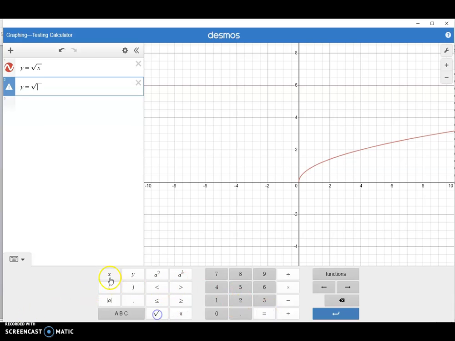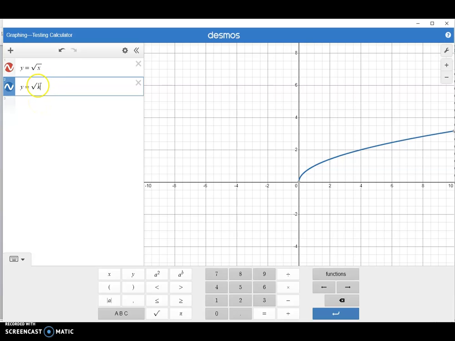Now, please remember that the radical sign serves somewhat like a parenthesis, in that it is enclosing whatever is inside of that radical sign. So in the table that you have seen, whenever the function has parentheses, like f of x has a parenthesis, this radical serves like that.